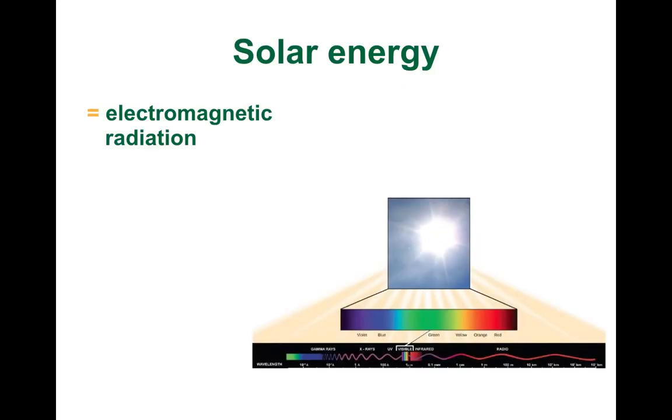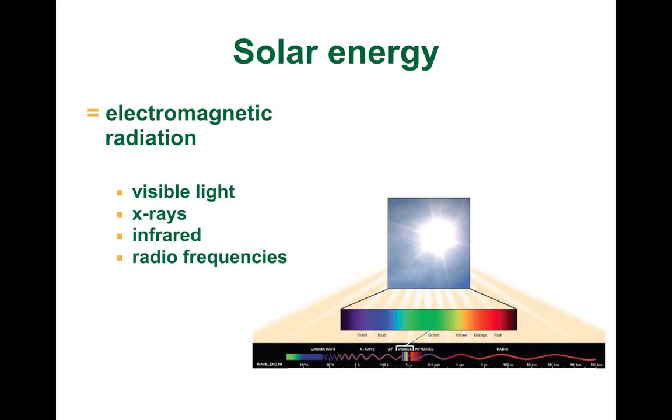So this is a good time for us to talk a little bit about what solar energy is. The sun emits energy in the form of electromagnetic radiation. And this radiation exists at different wavelengths, each of which has its own characteristics, and the visible light that we know very well and want to focus on in this context is only part of these many different wavelengths.